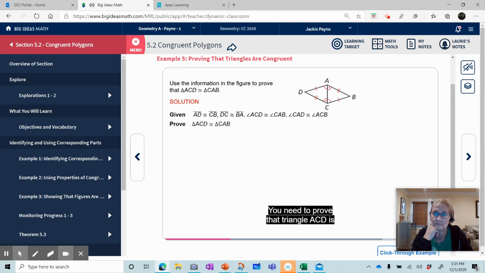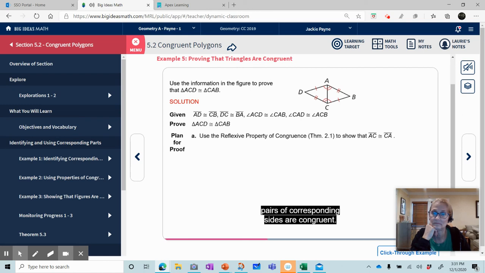You need to prove that triangle ACD is congruent to triangle CAB. Plan for proof. A. First, show that all pairs of corresponding sides are congruent. Notice that you are given that two pairs of corresponding sides are congruent. Use the reflexive property of congruence to show that segment AC is congruent to segment CA.